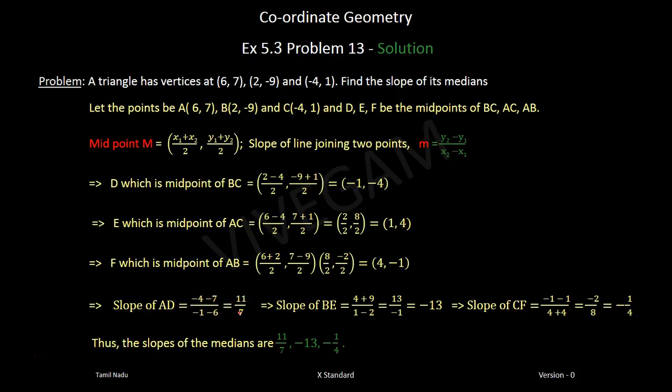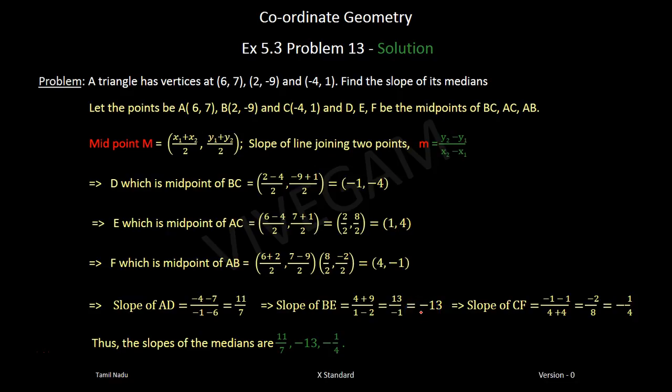Minus and minus gets cancelled. Then slope of BE, E and B, right? This is x1, y1, this is x2, y2. That is 4 minus of minus 9, that will become plus 9. So 4 plus 9, over 1 minus 2. So that is 13 by minus 1, that is minus 13.